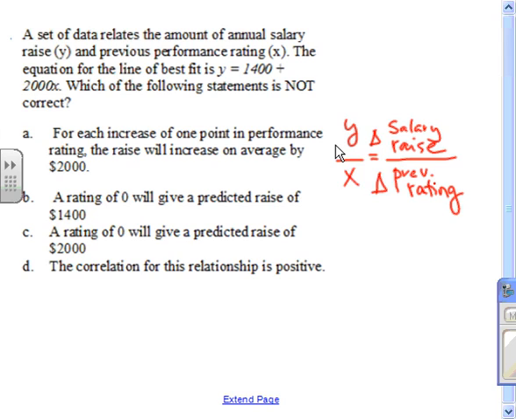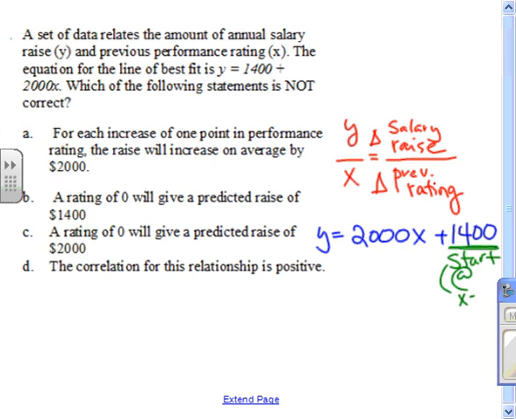And that is the slope. So it says the line of best fit is y equals 1400 plus 2000x. I personally prefer to write it this way and I'm not breaking any rules by doing it that way. Keep in mind that with the linear equation, even though this is stats, that is the starting point, in other words, at x equals 0.